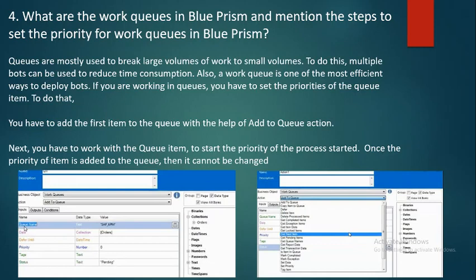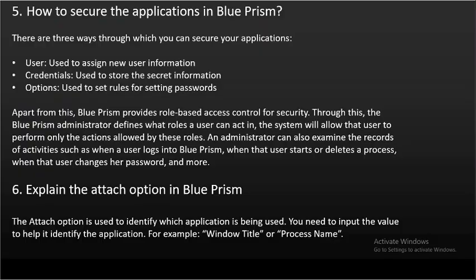Based on that, Blue Prism will start working from the start to the end. It will go and process one by one by picking that particular unique key. So this is the work queue in Blue Prism. In my upcoming videos, I'll try to show you this with an example in the Blue Prism application.